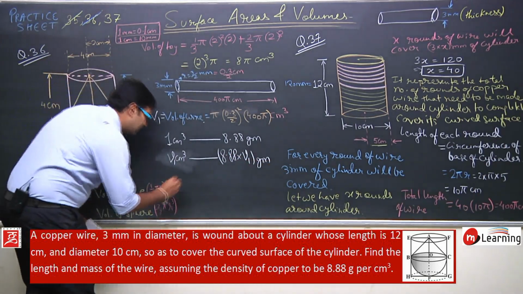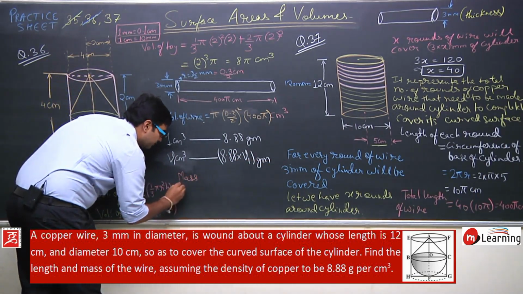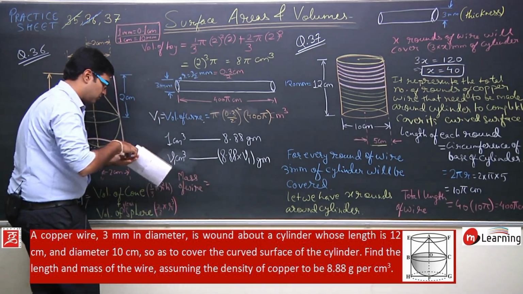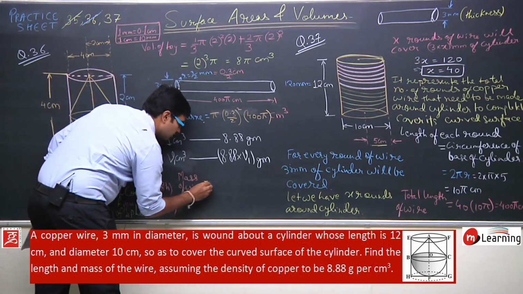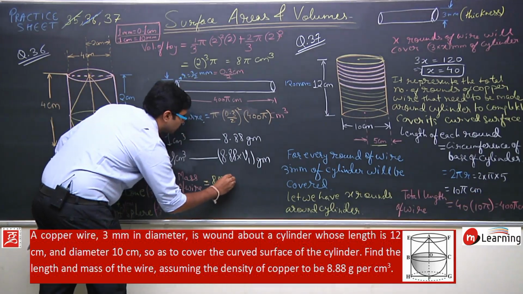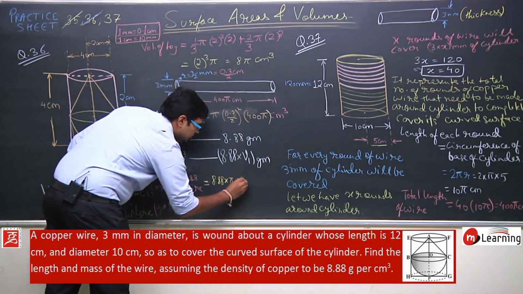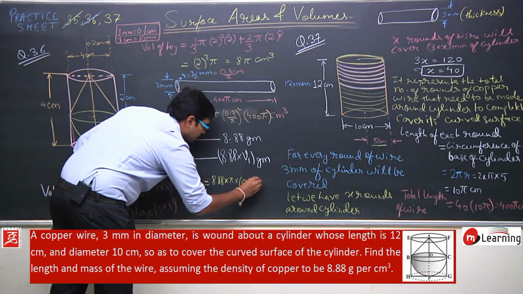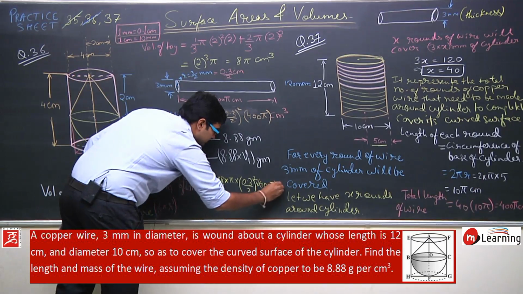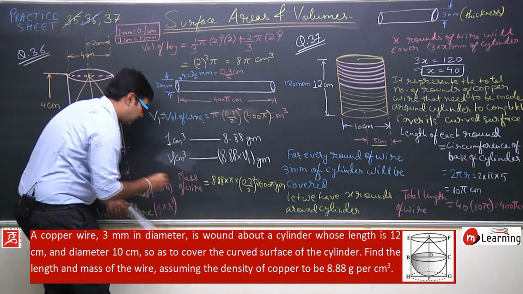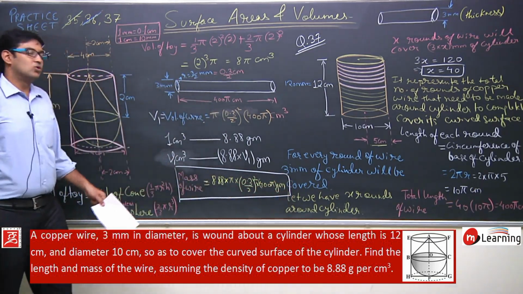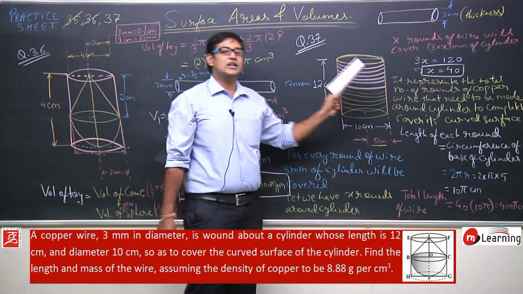So finally the mass of wire will be equal to 8.88 into pi into (0.3/2) square into 400 pi grams. This is the final mass of wire that is used to cover this cylinder completely.